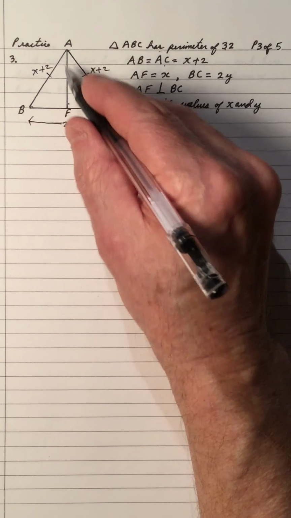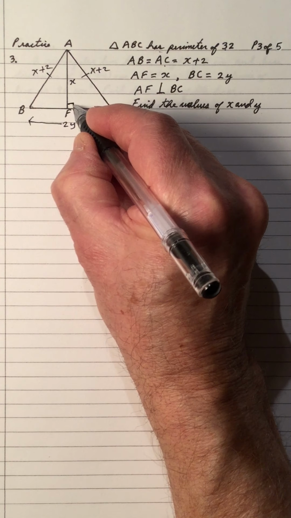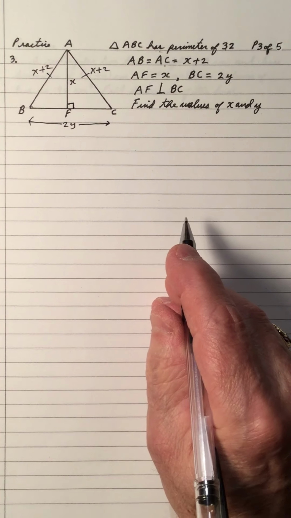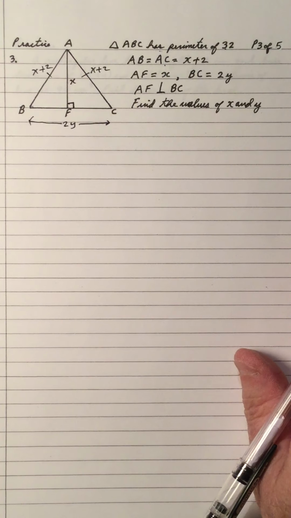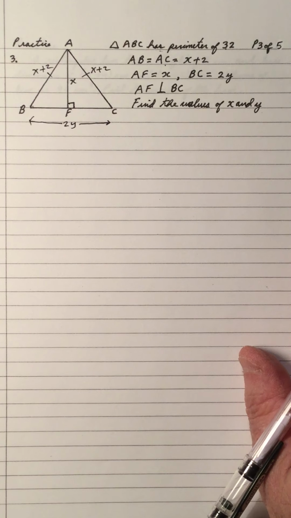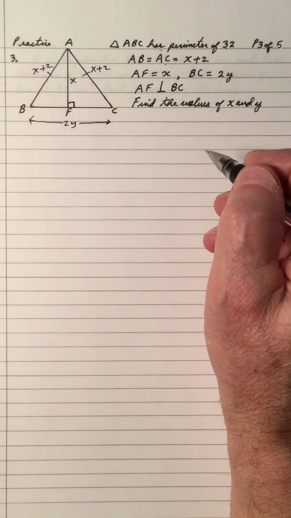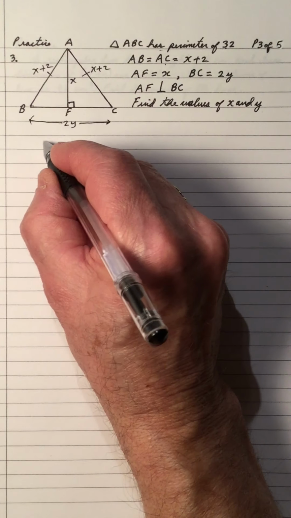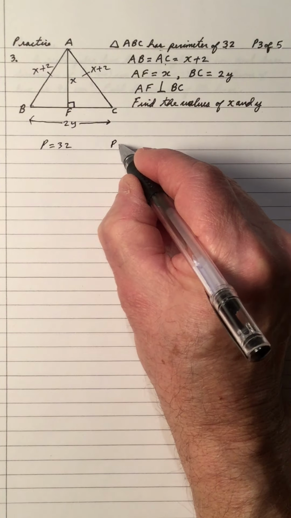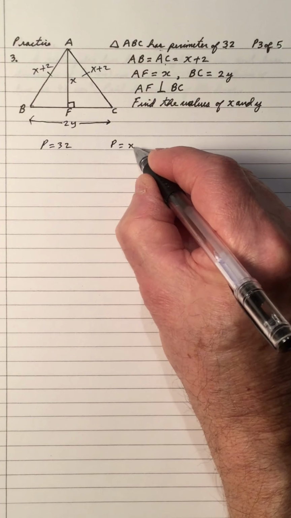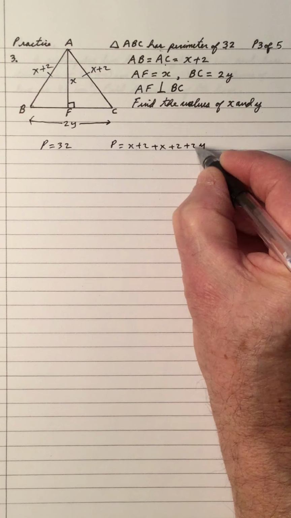AF is perpendicular to BC, so there's a right angle right there. It says find the values of x and y. Well, we did some work in the previous units on this in geometry, but we didn't have any quadratics to work with. So let's check. The perimeter is 32, and the perimeter of this figure is x plus 2, add on x plus 2, add on 2y.